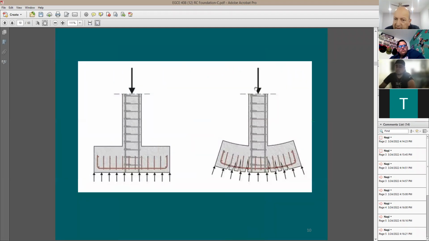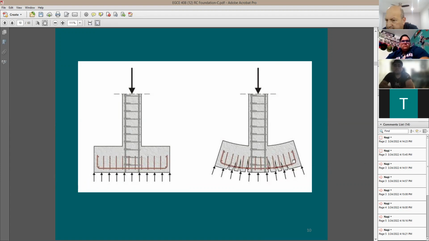When you apply the vertical load on the footing, we have this uniform pressure below the footing, and this uniform pressure is going to be forcing the footing to bend up a little bit like this. Therefore, if I'd like to say compression and tension, tension is going to be at the bottom of the beam or the footing, and compression is going to be in the top. Therefore, the main reinforcing I need to add here is going to be at the bottom of the footing.